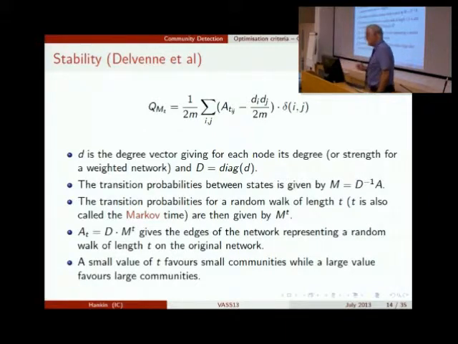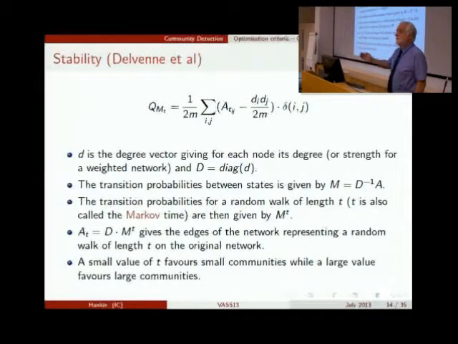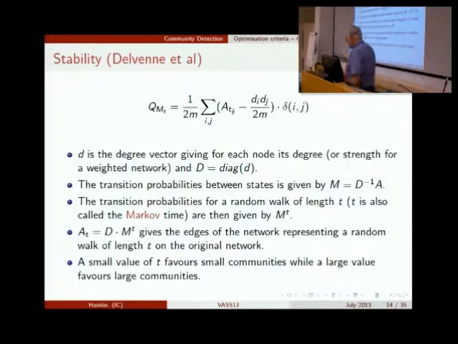The scale parameter is actually Markov time. So with a Markov chain, in the theory of Markov chains, you can iterate the chain to get to a stable point. Here, we're not going to go as far as that. We're just iterating it a few steps. How far you iterate effectively gives you your resolution parameter.